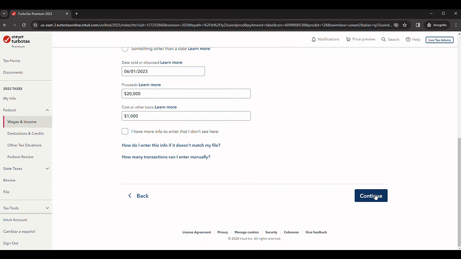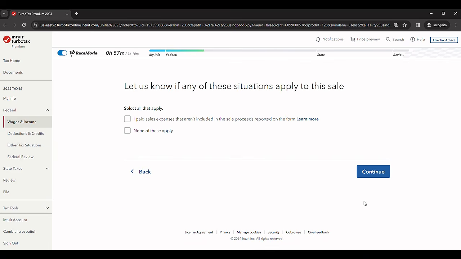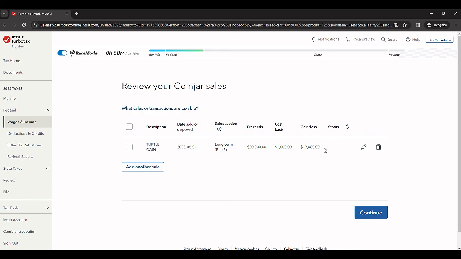Better tax treatment. Let us know if any of these situations apply. I paid sales expenses. This is for a cost basis, but let's just say none of these apply. Okay, so description, Turtle Coin, date that you sold it.